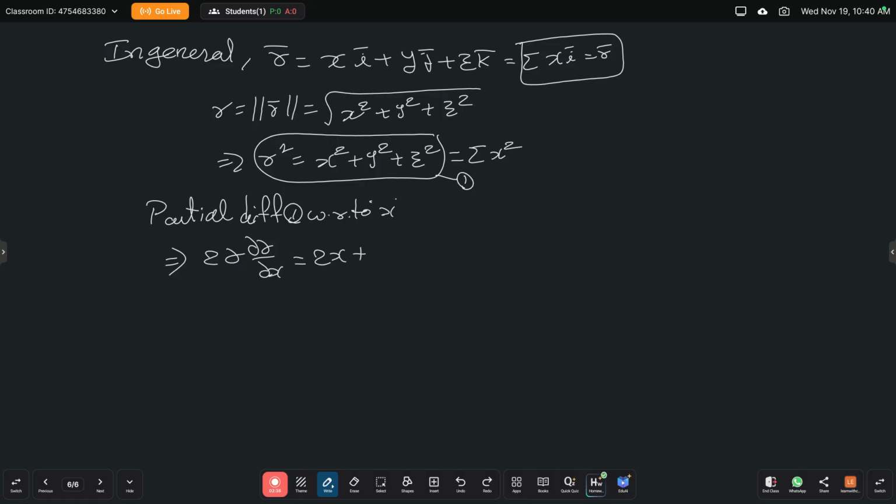The derivative of y square with respect to x partially is 0, and the derivative of z square with respect to x is 0.